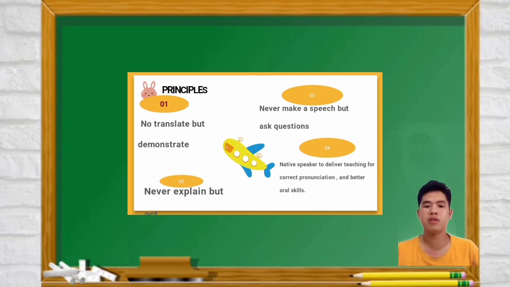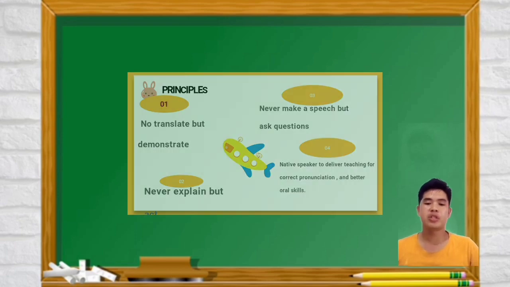The fourth principle is a native speaker to deliver teaching for correct pronunciation and better oral skills. So, in short, with these four principles students can learn by doing or by their experience, because some students learn much better by doing or experiencing the given situation.